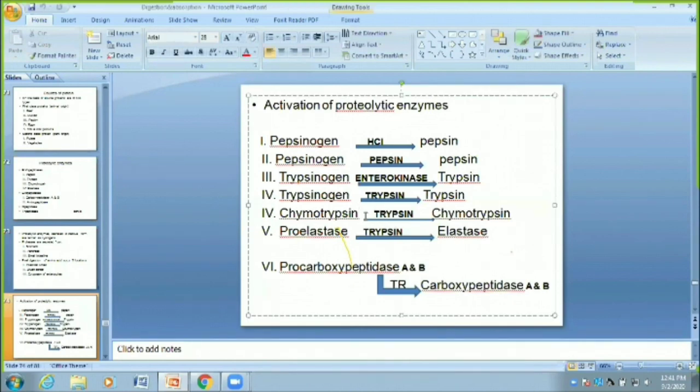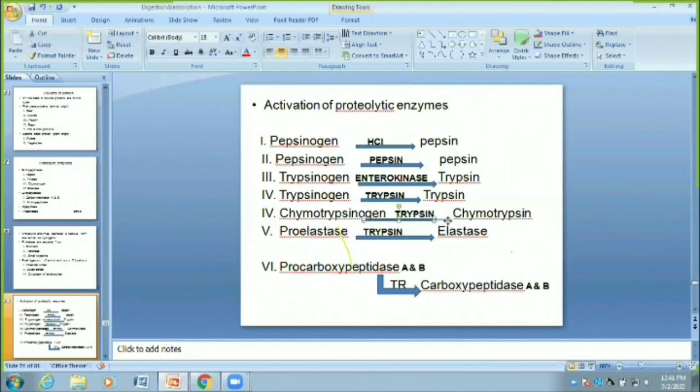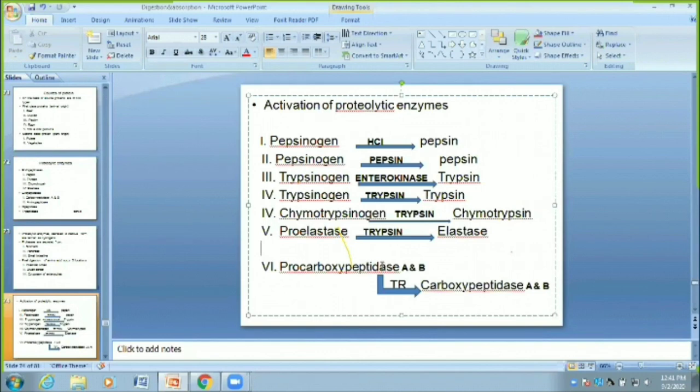It should be made a bit corrected. The arrow should be a bit here. You see, this is how these proteolytic enzymes are activated.